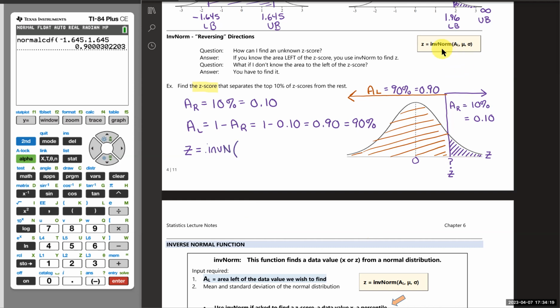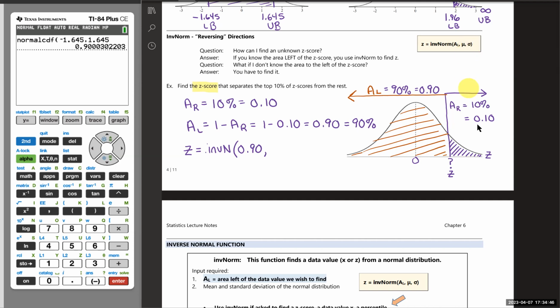I'm going to abbreviate it inverse n for inverse normal. So we've got our normal distribution, this inverse function. The input says for this z-score, it wants to know the area not to the right of it, but to the left of it, and now we know that: 0.90. And then we need to include the mean and the standard deviation for the population.